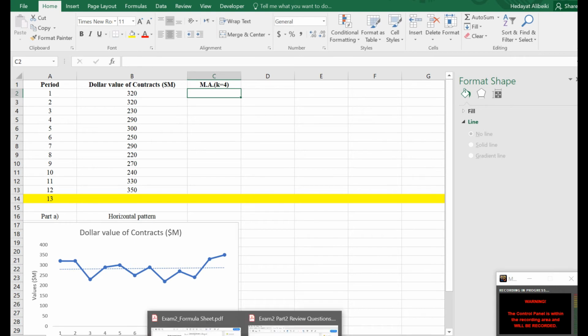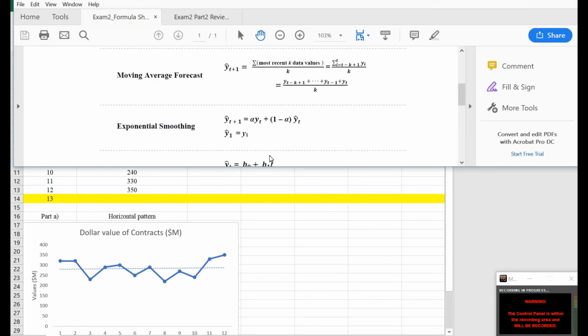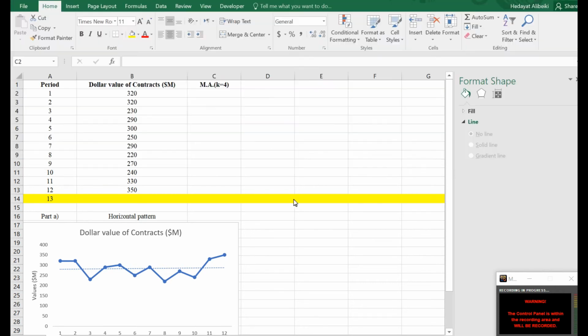So if I go to my formula sheet here, the moving average forecast is simply the simple average of the past K. So the forecast for period T plus 1 is the actual observation in period T, plus the observation in period T minus 1, all the way to T minus K plus 1, divided by K. So I just need to consider the average of the past K, and K is equal to 4.